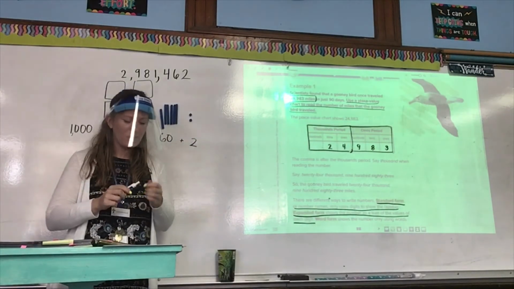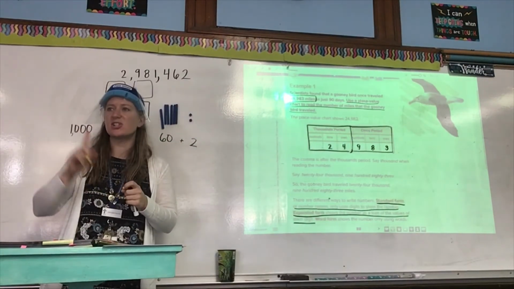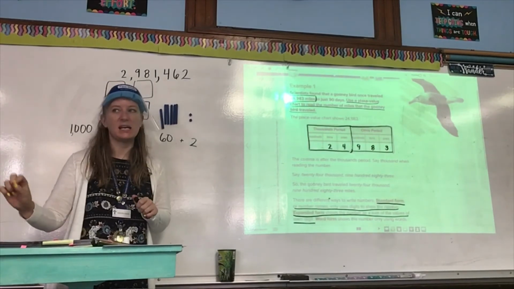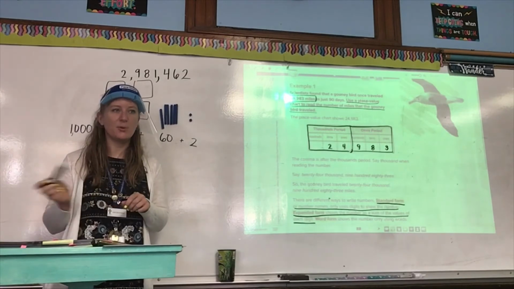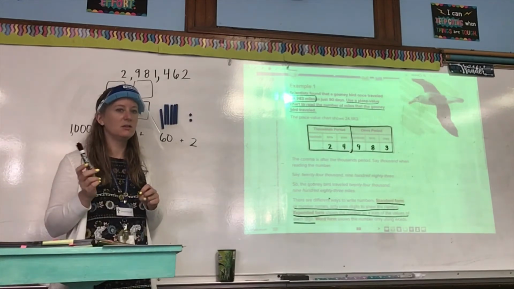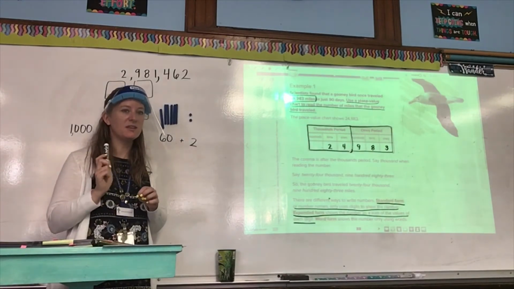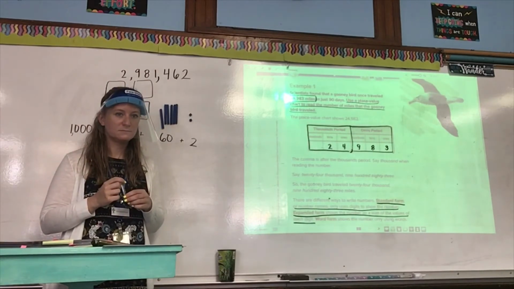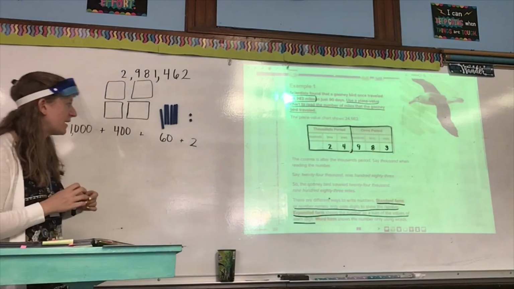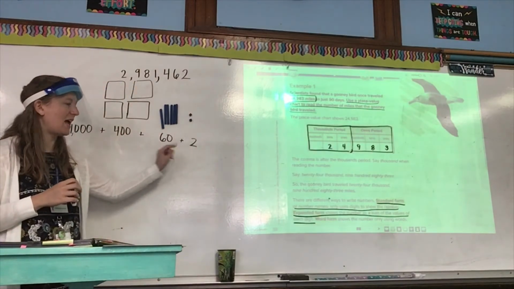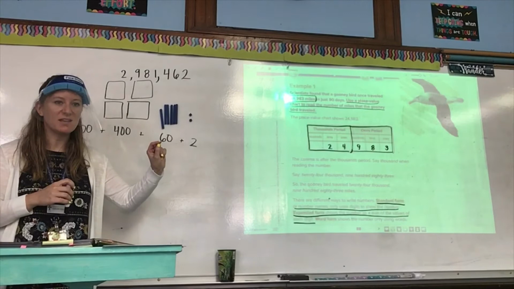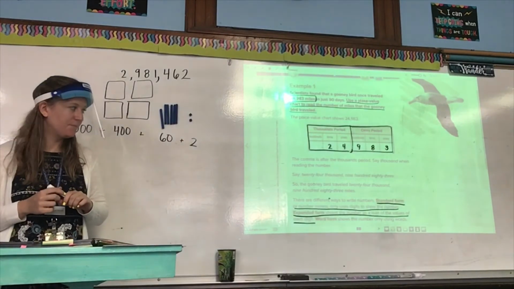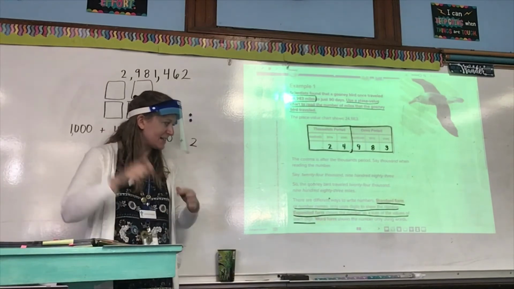When we see the word sum, S-U-M, not S-O-M-E, what operation are we talking about? Smith? We are talking about addition. So that means expanded form needs to have a what symbol? A plus sign. Very good.